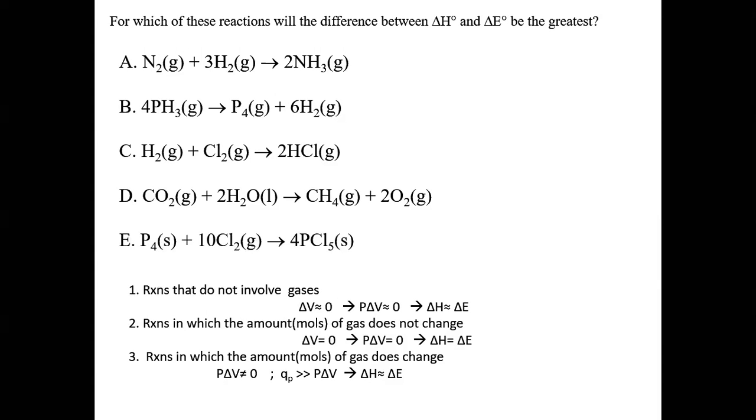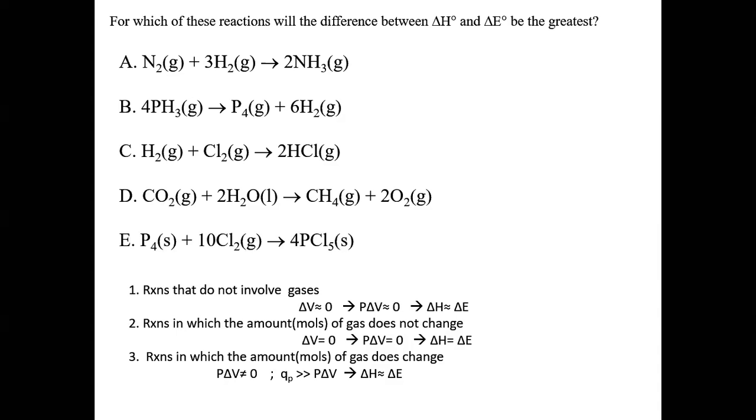The last type of reactions are the ones in which the moles of gas do change. Here the work is not going to be equal to 0, but the amount of heat produced from the reaction is a lot greater than the amount of work performed by the reaction. So delta H and delta E are approximately the same.